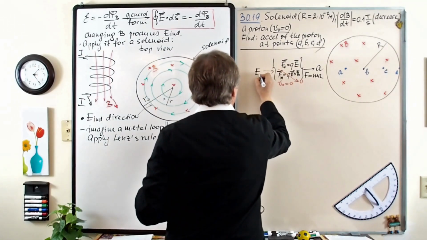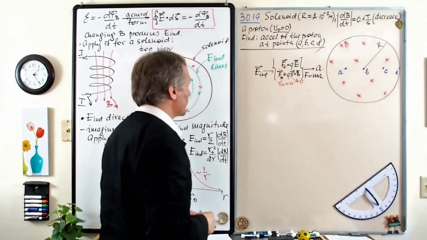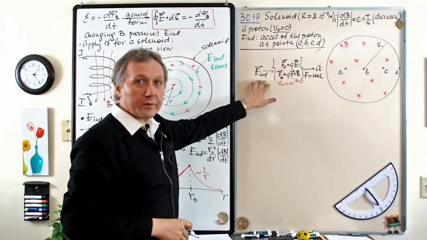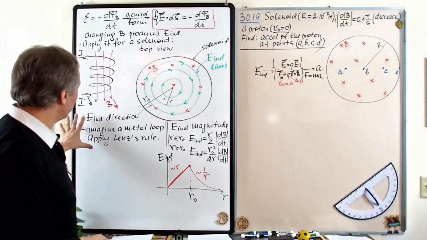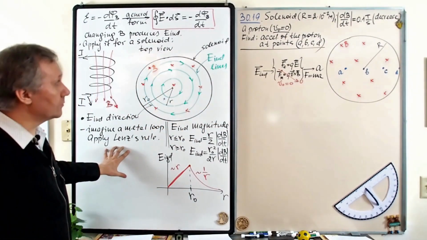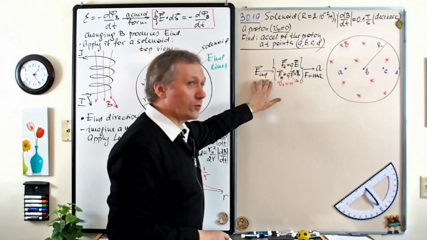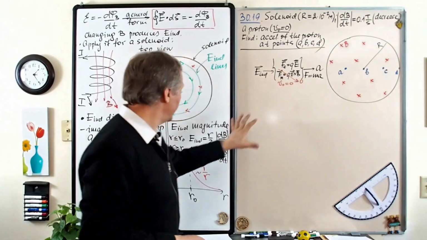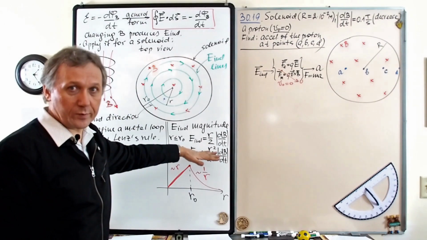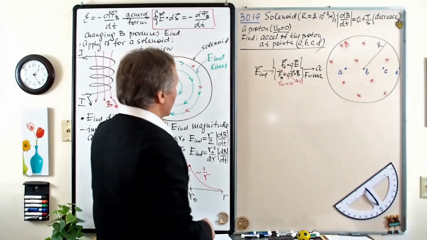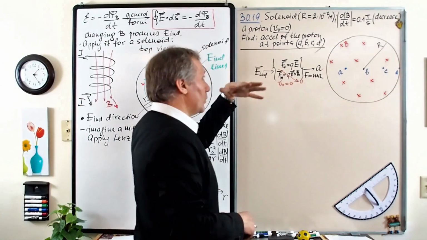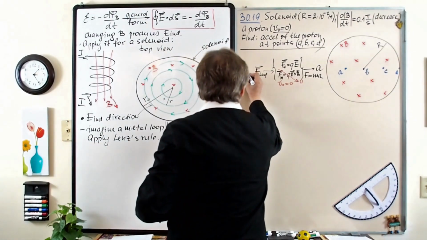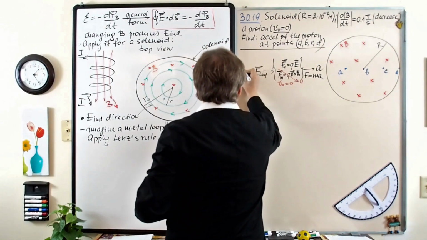So E induced, right? In order to find the direction of the induced electric field, we will have to apply Lenz's rule. In order to find the absolute value of the induced electric field, we will have to use one of these formulas, right? Of course, the induced electric field will be there because there is a rate of change of the magnetic field.